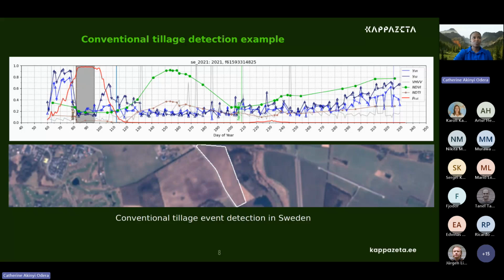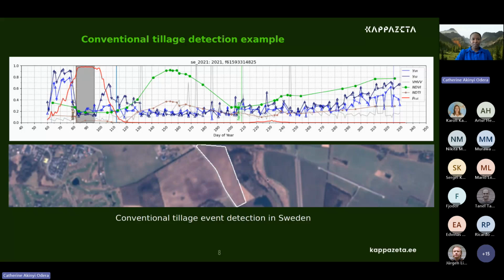And not only from the Sentinel-2 perspective, but also if you look at the coherence, there was a drop in coherence, which indicates that something actually happened, which is an event. So this was indeed a tillage event that took place. This was for the 6-day coherence model.